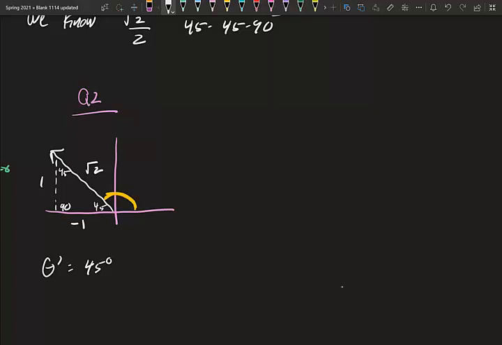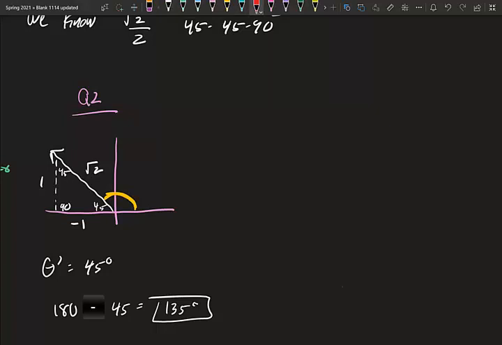So how did we get that reference angle? If we were given theta, wouldn't we do 180 minus theta to figure out how much is left? So what we need to do is just the opposite. We take 180 and add it to our reference angle, and we get 135 degrees.